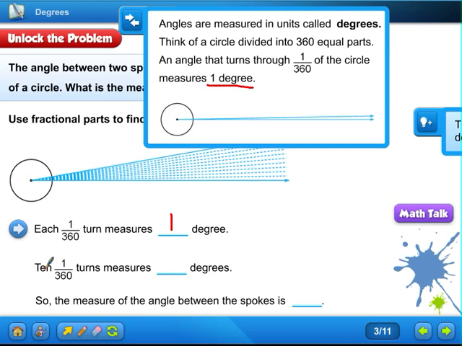So 1 over 360 turns would measure how many degrees? So if it did it 10 times, it would measure how many degrees? It would measure 10.